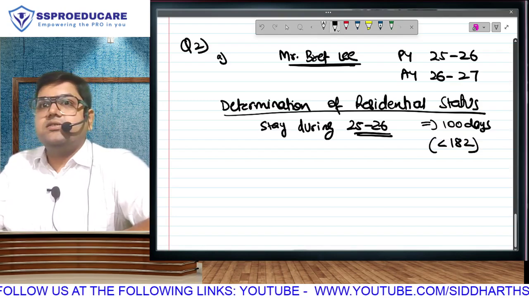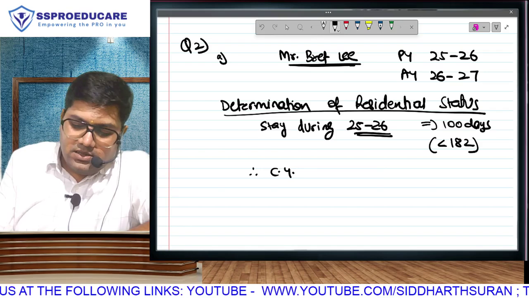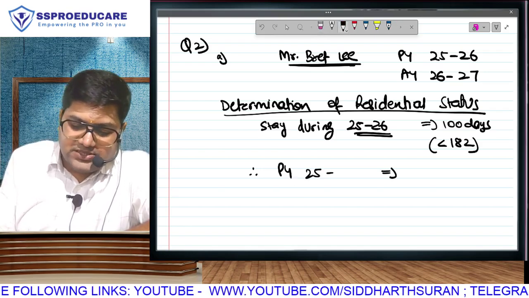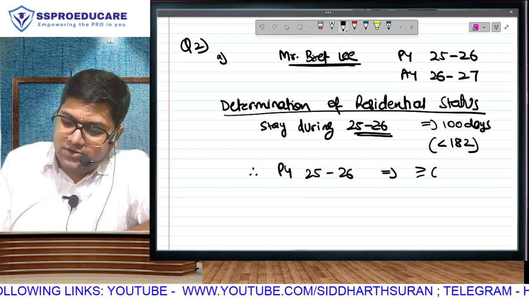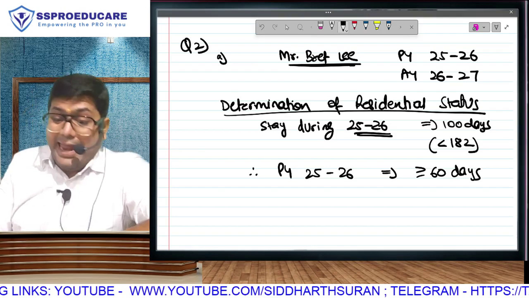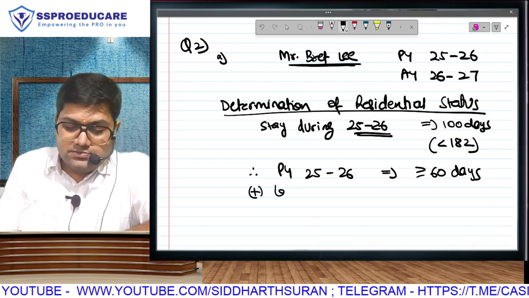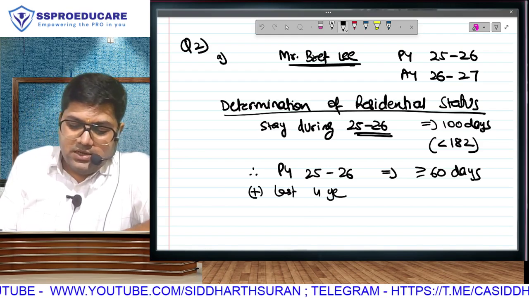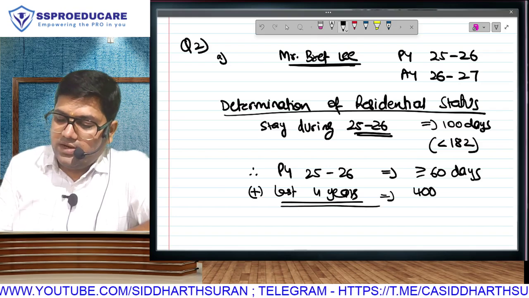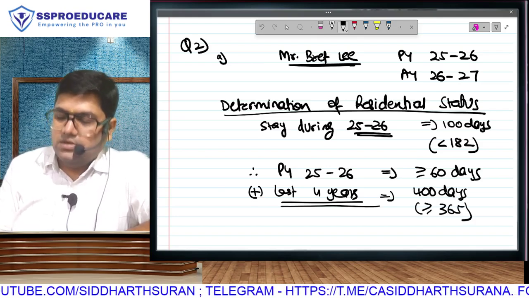That means condition 1 is not satisfied. But for the previous year 25-26 to be more specific, is he staying in India for a period of 60 days or more? And last 4 years: every year 100 days, that means 400 days in the last 4 years, and 400 days is greater than or equal to 365.